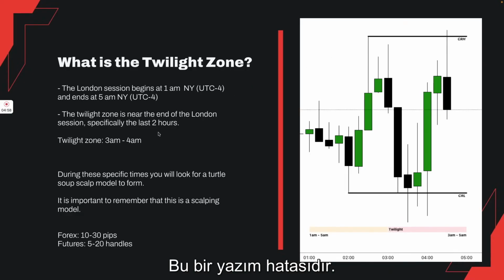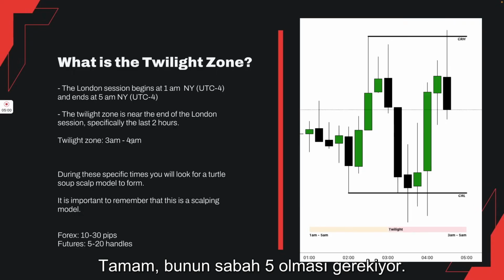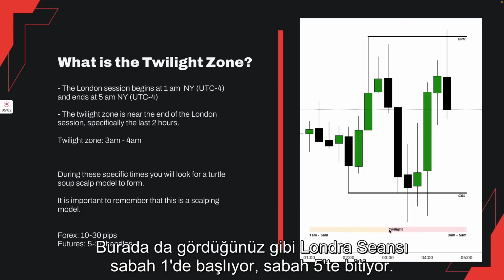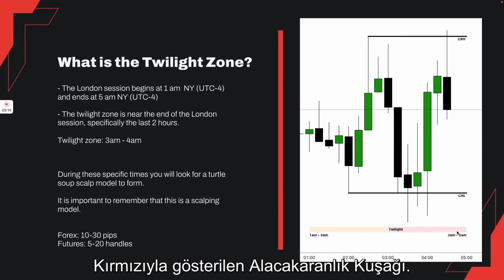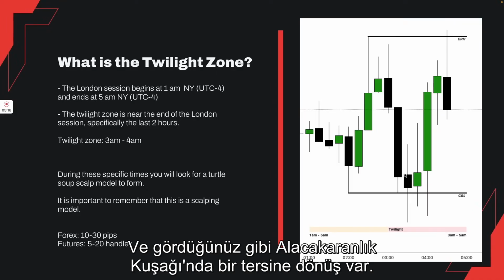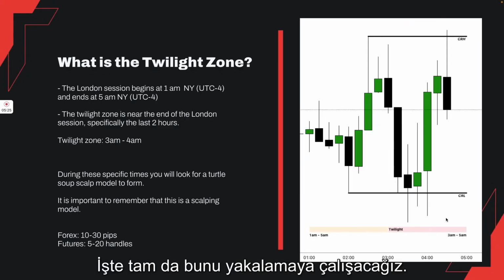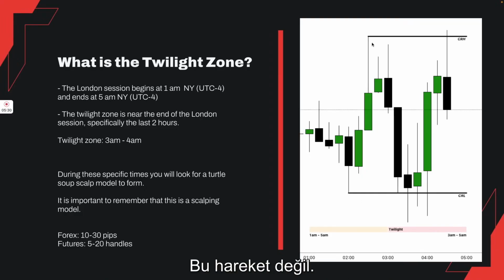This is supposed to say 5 a.m. So as you can see here, London session begins at 1 a.m., ends at 5 a.m. The Twilight Zone starts at 3 a.m. and ends at 5 a.m. Twilight Zone depicted in red. And as you can see, we have a reversal within the Twilight Zone. This is exactly what we will be trying to catch. Not this move.